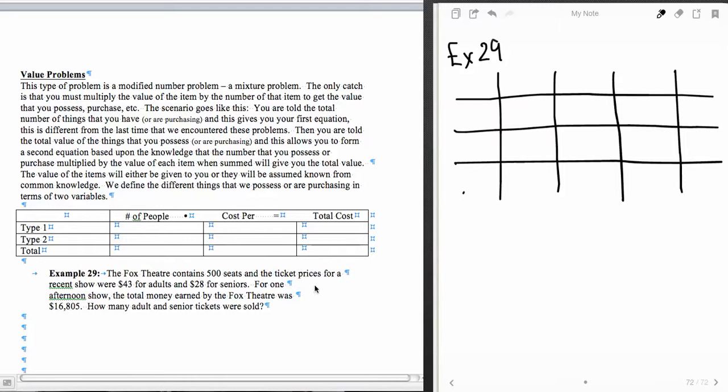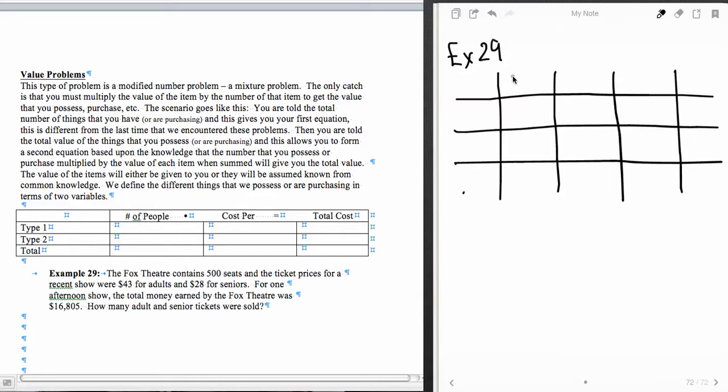So the Fox Theater contains 500 seats, and the ticket prices for a recent show were $43 for adults and $28 for seniors. For one afternoon show, the total money earned by the Fox Theater was $16,805. How many adult and senior tickets were sold?